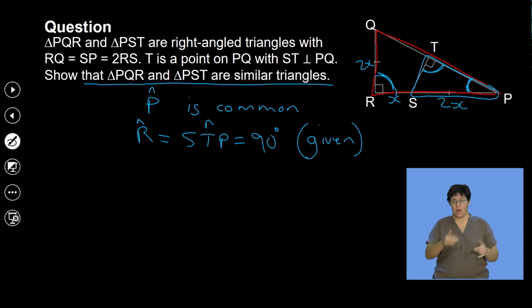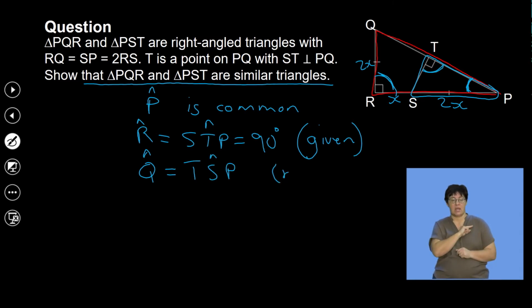Then automatically you know if I have two pairs of angles equal, it means the last one is also equal because of remaining angles. So I will therefore say Q will be equal to the angle in the smaller triangle, which is S, so it's TSP. And my reason for this will be remaining angles of a triangle.